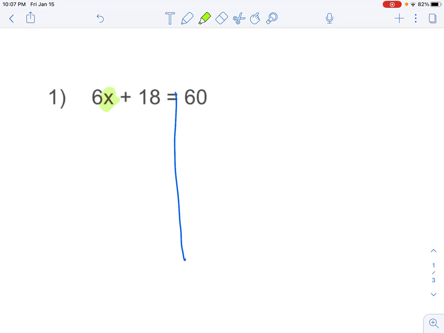My variable is x, which is next to my 6, and my 6 is my coefficient. My constant is 18, it's all alone, and it all equals 60. So this means 6 times some kind of number, which we don't know, and then when we add 18, we get 60. So let's find that number.